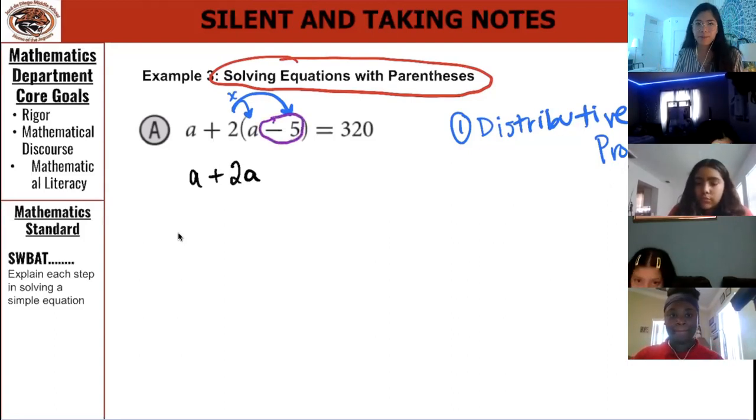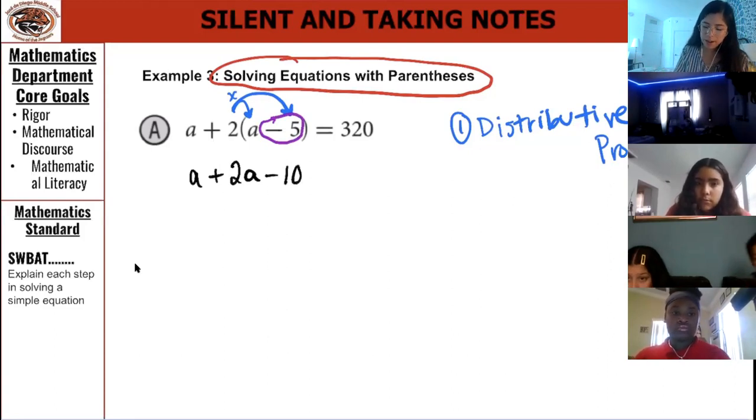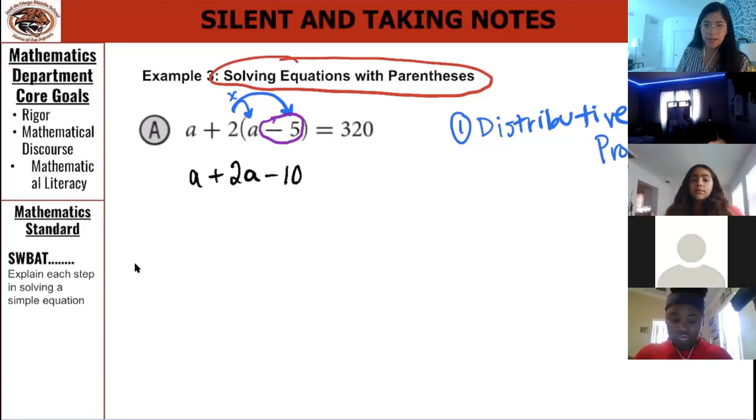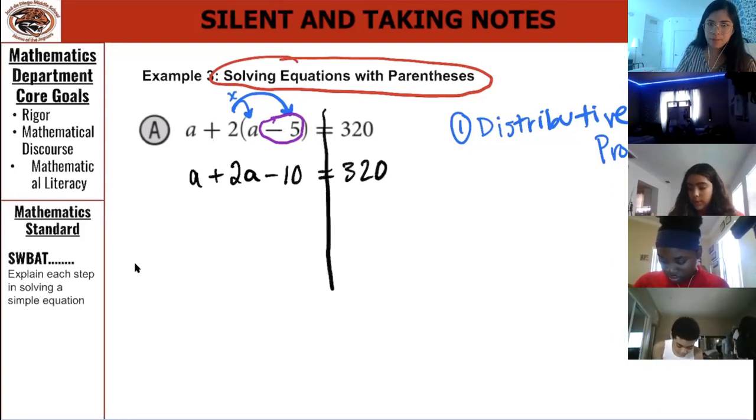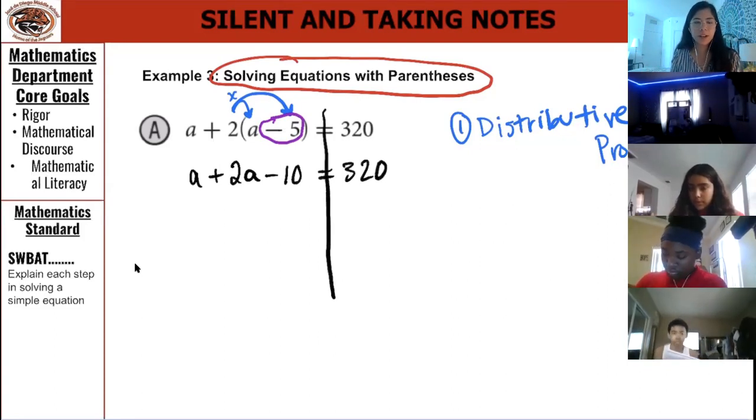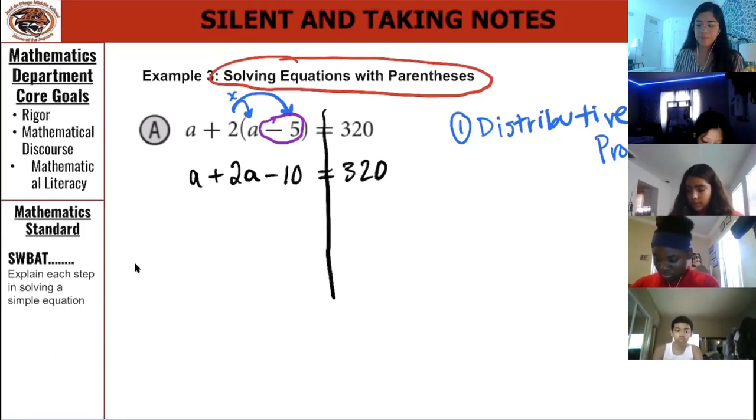They belong together. So I'm doing 2 times negative 5. And that's going to give me? Negative 10. So I have A plus 2A minus 10 equals 320. I'm going to put my line down the middle to keep things nice and organized. Do I have any questions on distributive property so far?